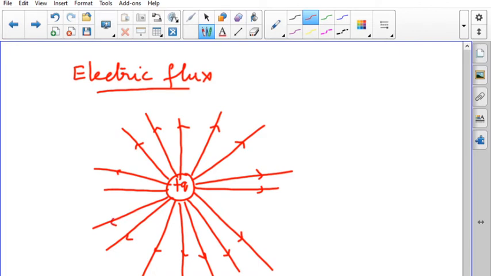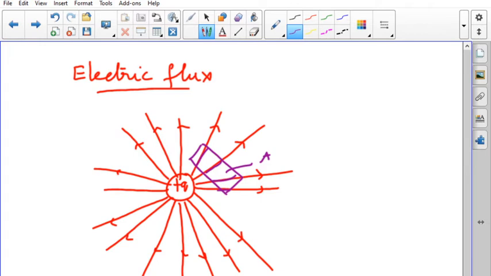Now let us take any area, taking an area as A. This is an area placed here. We need to find out the number of electric field lines crossing the given area, which is kept normal to the electric field lines.